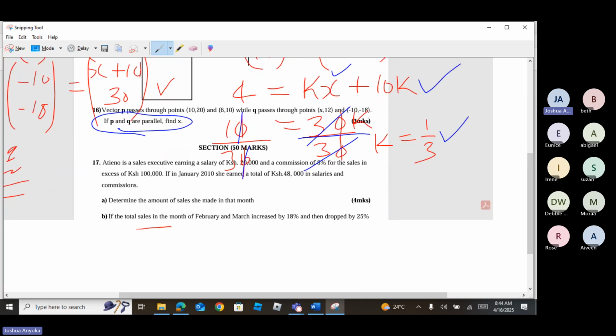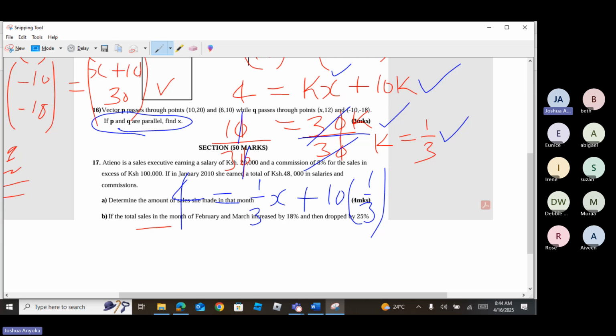So we get back to the first equation and say 4 is equal to k, that is a third, times x, then plus 10 into a third, because K is a constant. And if they are parallel, the k we get from equating the upper side is the same k we get in equating the lower, the y components and the x components.